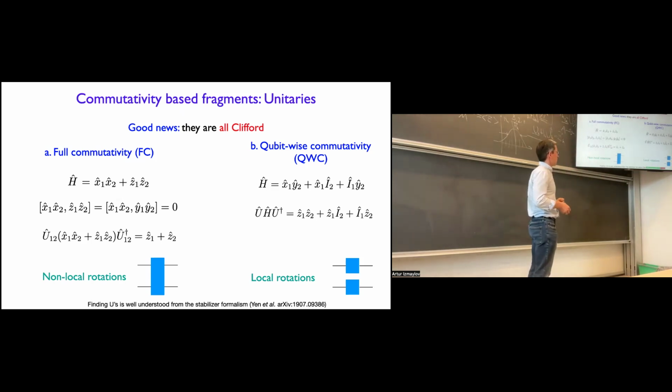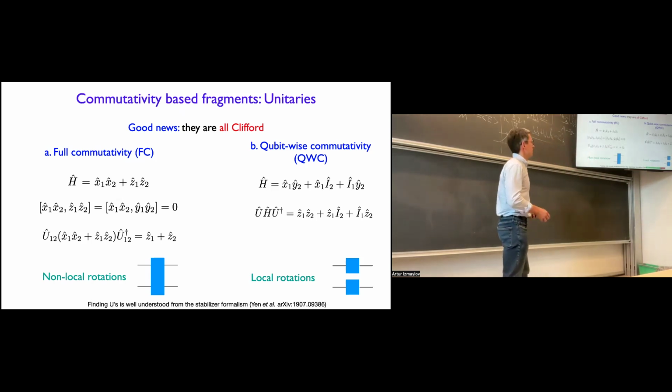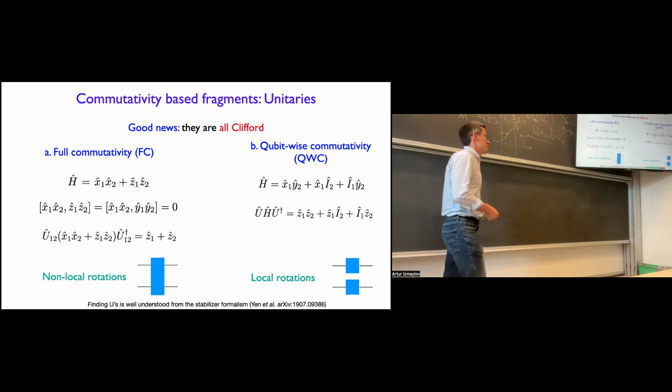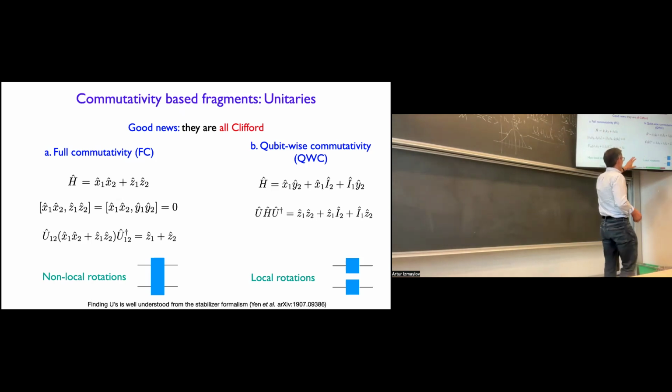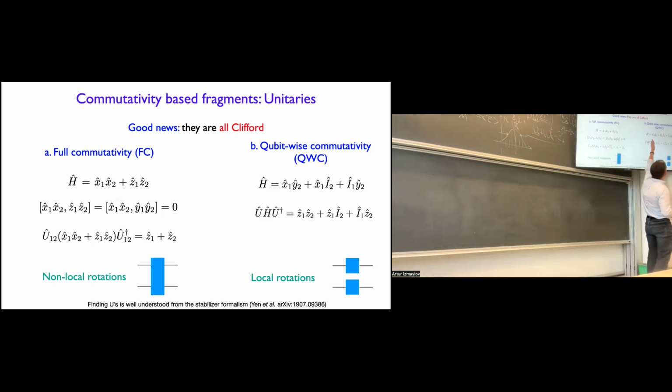So the other way is called qubit-wise commutativity. What it means is that in the qubit-wise commutativity, we look at the Pauli products and only group them if, not like Pauli products generally commute, but rather each of the corresponding qubit operators needs to commute as well, right?